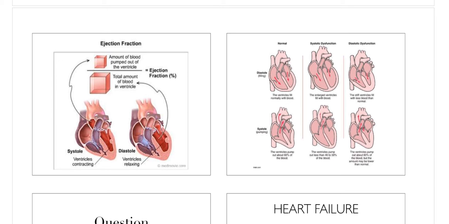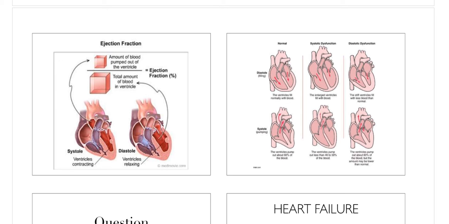So this diagram here is pretty good about showing the difference between systolic dysfunction and diastolic dysfunction during diastole versus systole. With systolic dysfunction, you see the thinning here around the heart in the ventricles. This is because we have dying tissue from most commonly an MI.